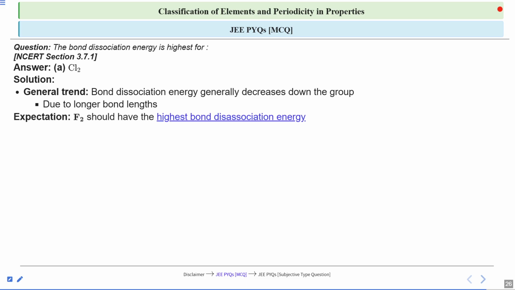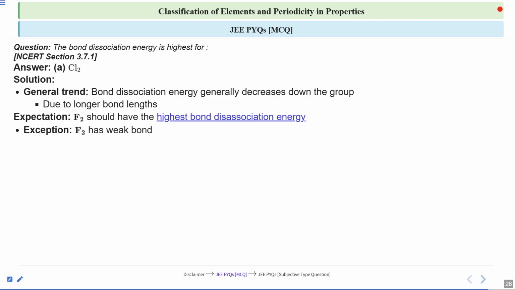But expectation says that fluorine should have the highest bond dissociation energy. But what is the correct order? The correct thing is that F2 has a weak bond. Okay? F2 has a weak bond as compared to Cl2. Yes, the fluorine will have a very small size, due to which there will be repulsion between the lone pairs and the bond will become weaker.